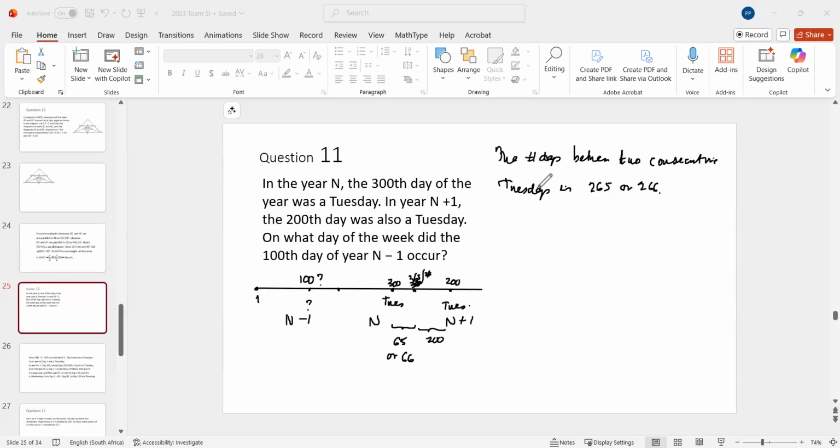But all Tuesdays are 7 days apart from each other. You keep adding Tuesdays, so the difference between any two Tuesdays is a multiple of 7. This should be a multiple of 7.